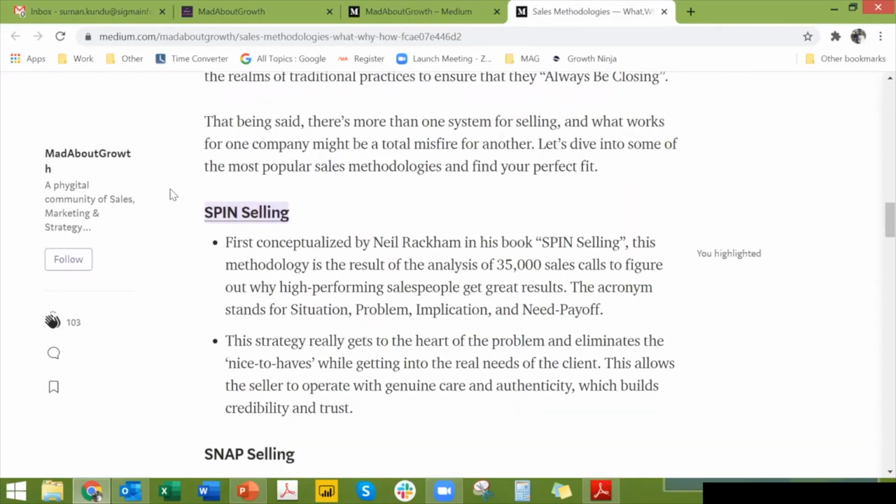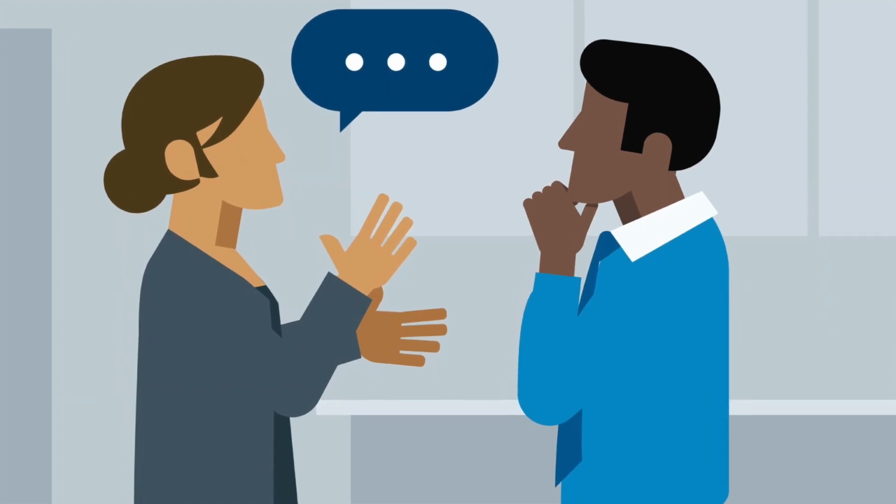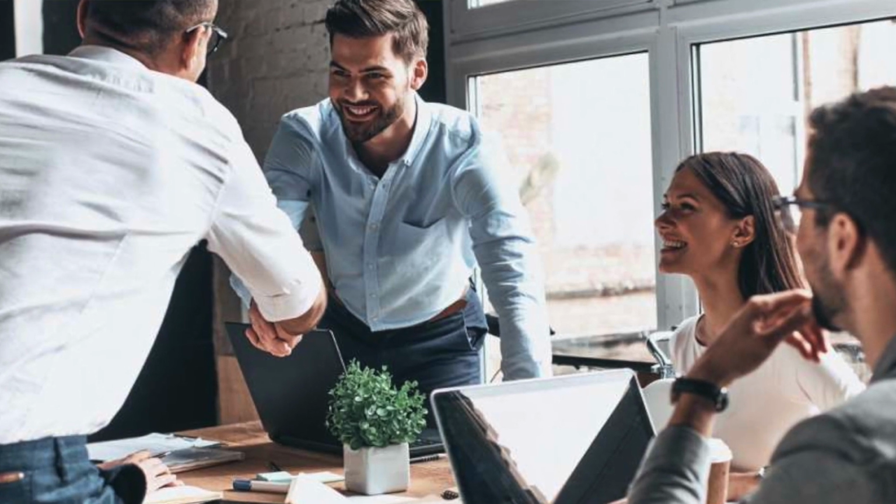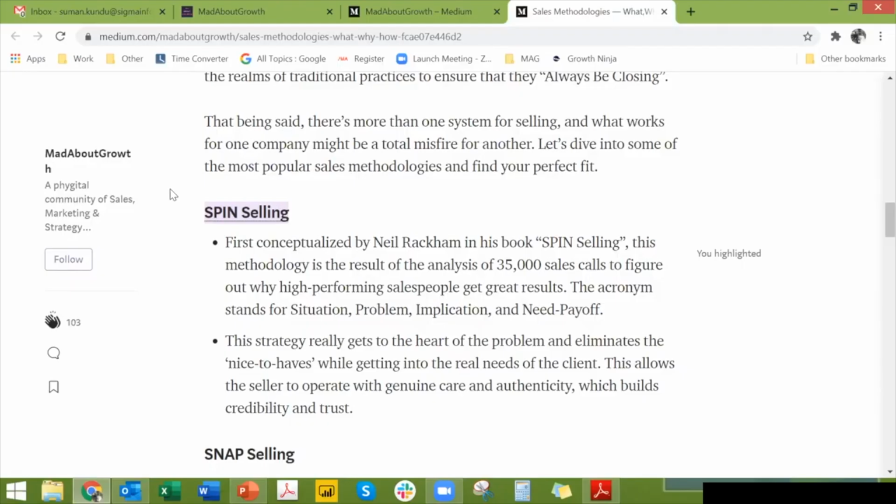SPIN selling is a process in which you get to know the heart of the problem and the real needs of the client. When you get to know the real needs of the client, you can cooperate with the client with genuine care and authenticity and build credibility by which your selling process can get shortened.